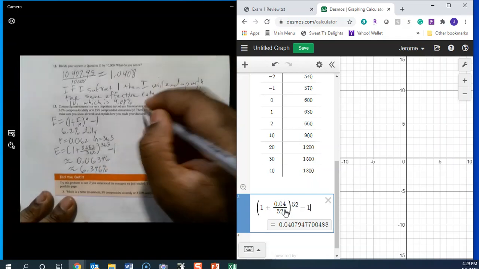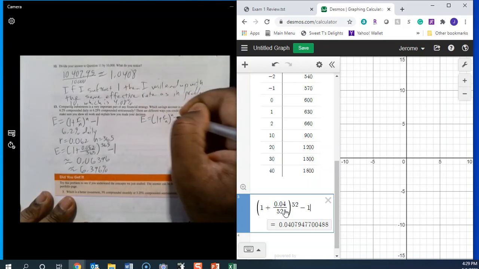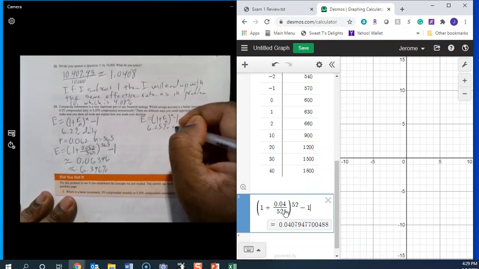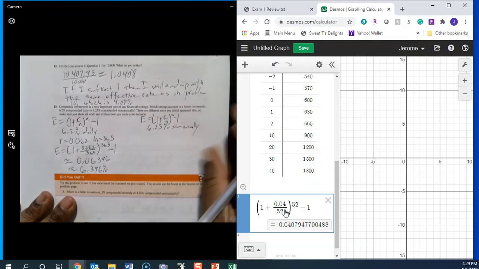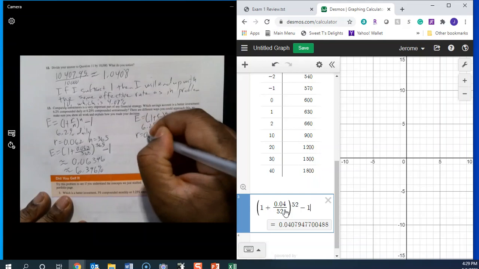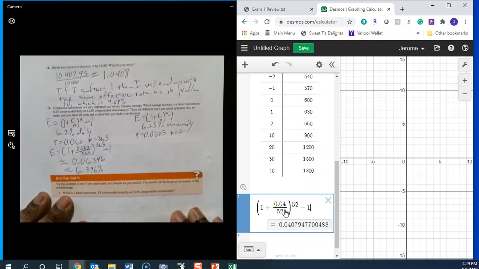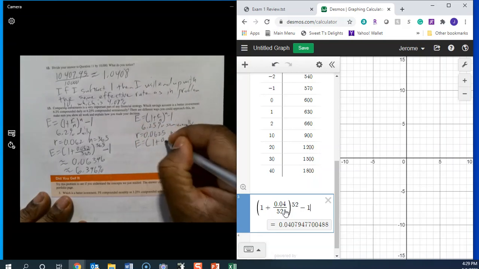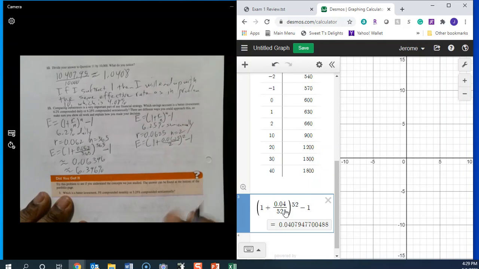Okay, now we go over here. Same formula, but this is the 6.25% semi-annually. So our R is 0.0625, our N is 2. So E is equal to 1 plus 0.0625 all over 2 to the second power minus 1.